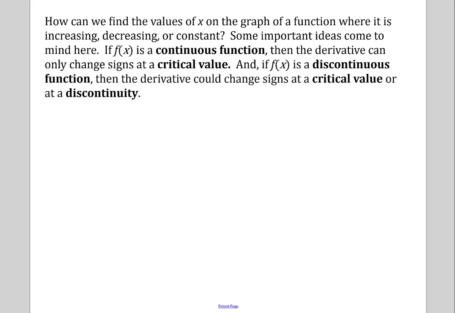Some important ideas come to mind here. If a function is a continuous function, then the derivative can only change signs at a critical value. And if a function is a discontinuous function, then the derivative could change signs at a critical value or at a discontinuity where the derivative would not exist.